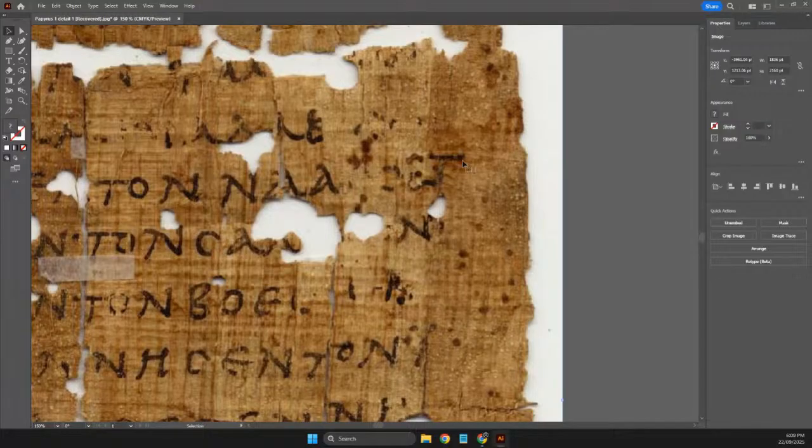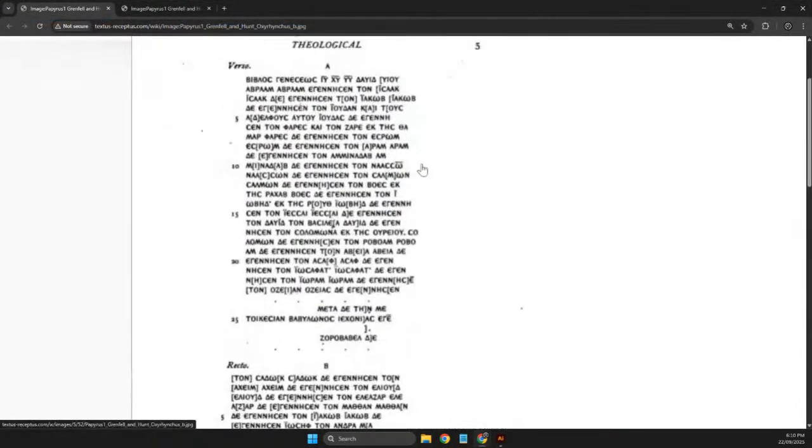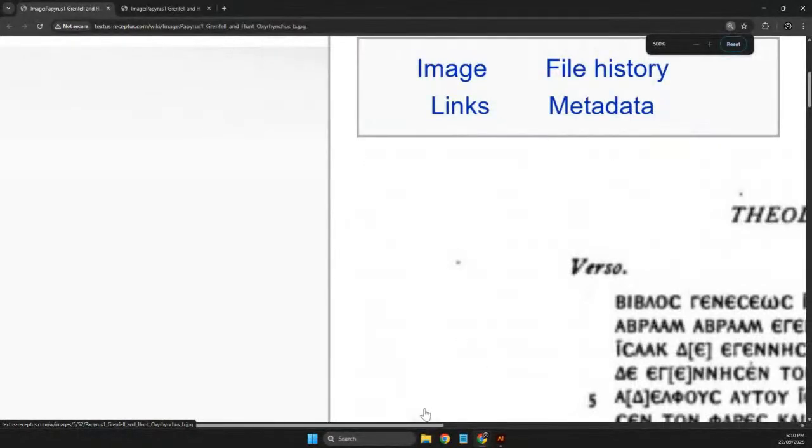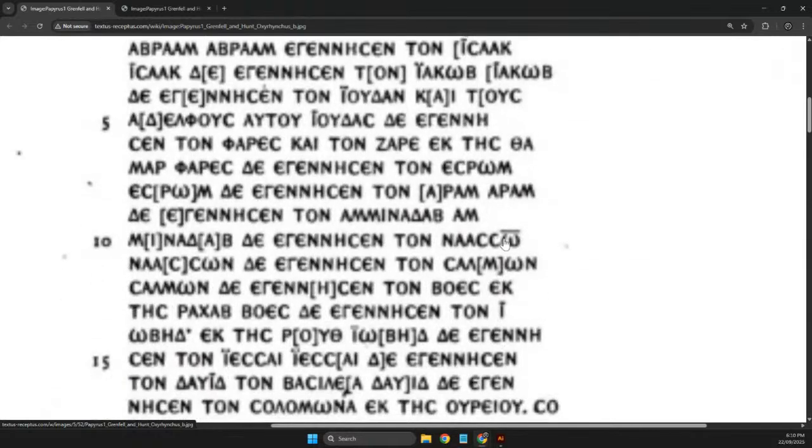So it's naeson, and they put a line where it's basically saying that it should have a nu there. And they've actually pointed that out in this text here, which you can see right here. Let me make that a bit bigger. And so right there, very interesting.